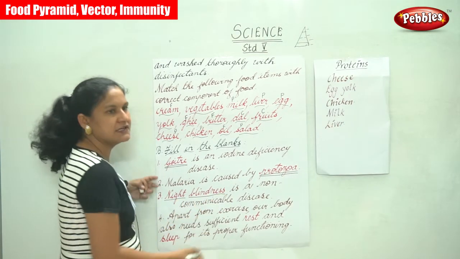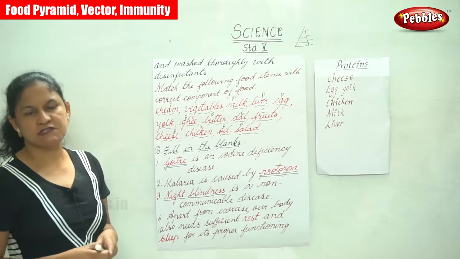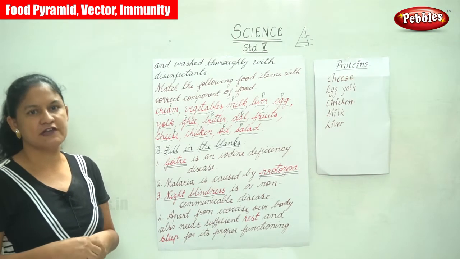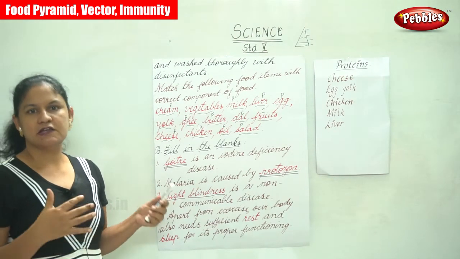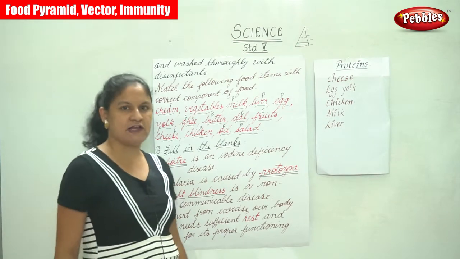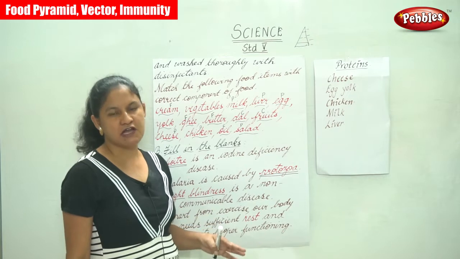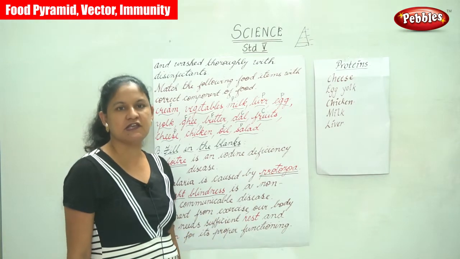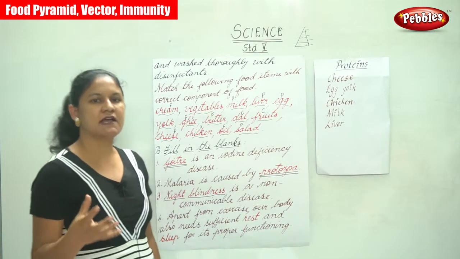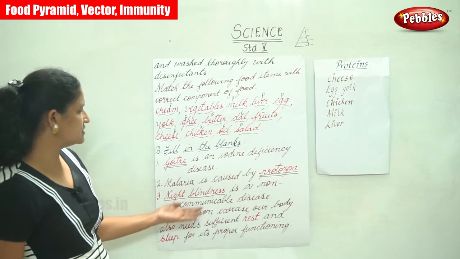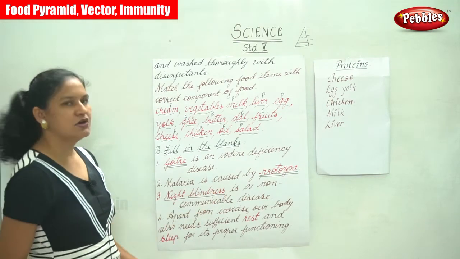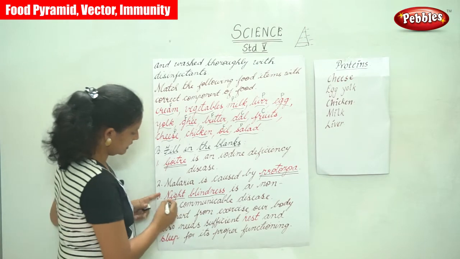A person is not able to see after 5 or 6 in the evening. The whole day his eyesight is fine, but once it is 5 or 6 in the evening, he is not able to see. That is called night blindness. So night blindness is a non-communicable disease.